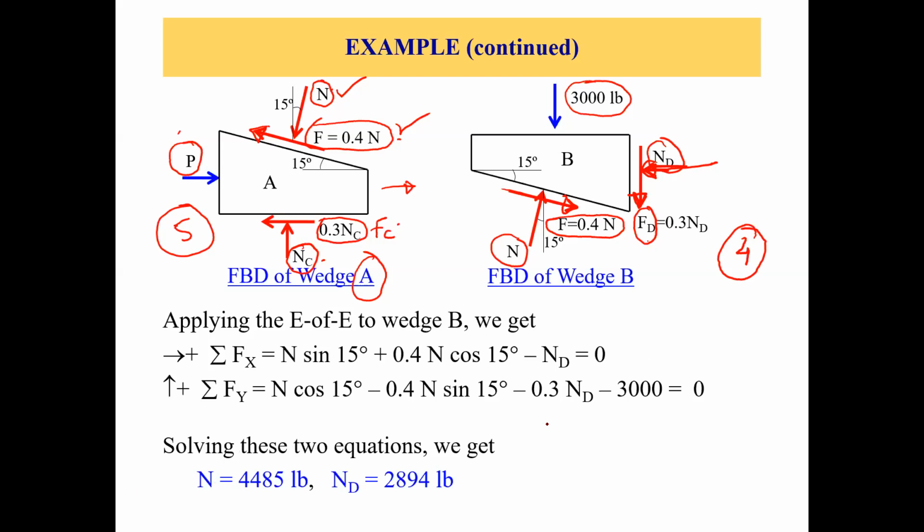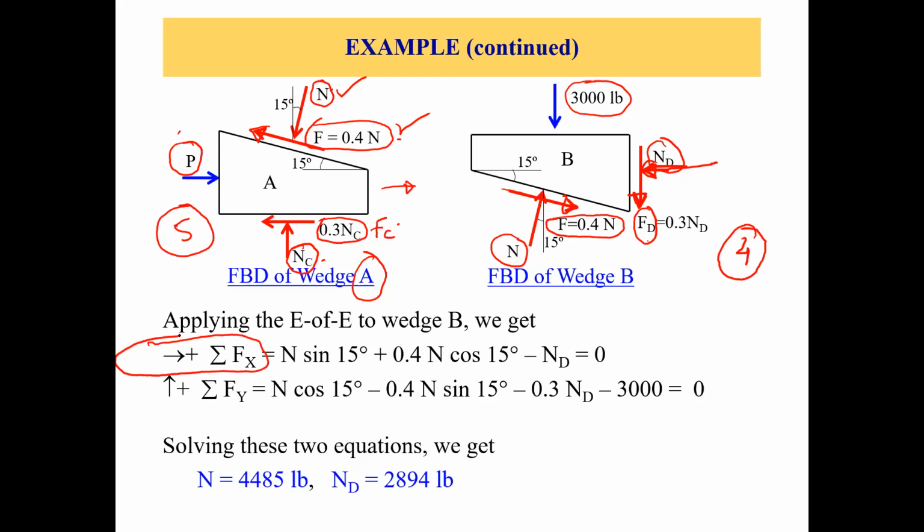So apply the equations of equilibrium to wedge B. What do we get? We know the equations of equilibrium by now. We have two equations, sigma Fx equals 0 and sigma Fy equals 0. First apply sigma Fx equals 0 with the sign convention of rightward positive.